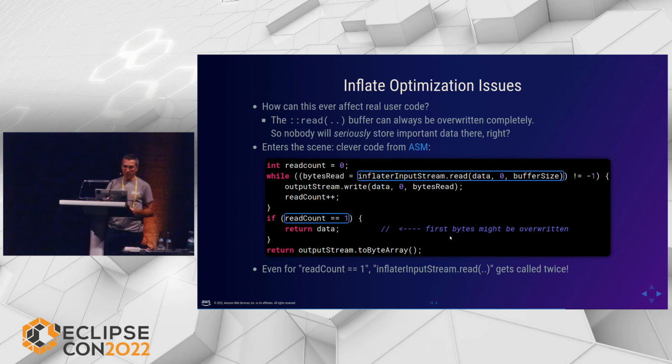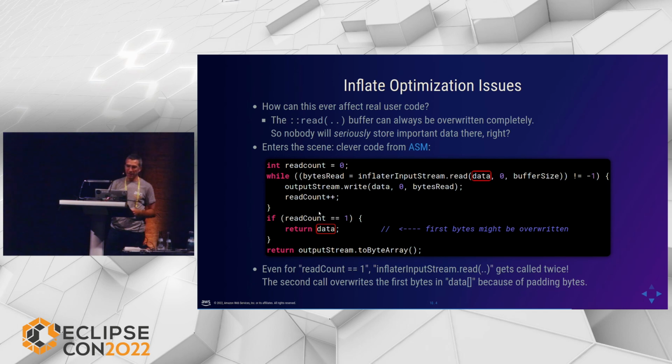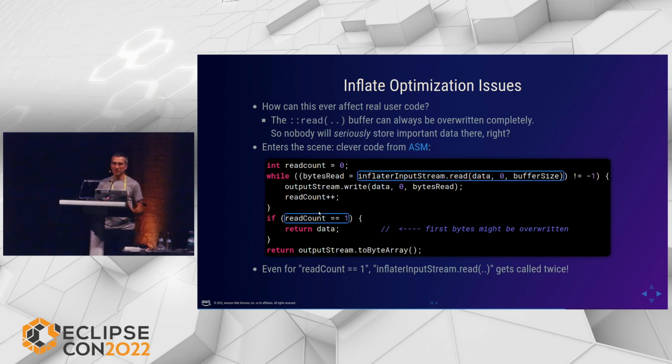And then it remembers how often it called read until no more data was available. And if it only called read once, then it knows that all the inflated data is in this pre-allocated data buffer, and you don't have to call ByteArrayOutputStream.toByteArray, which creates a new byte array. So instead, you can just return the data buffer.